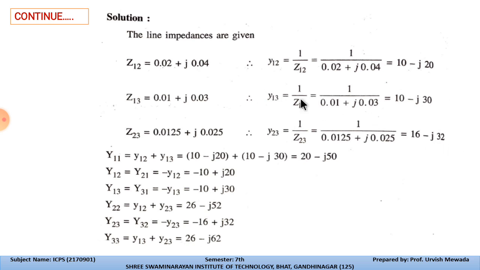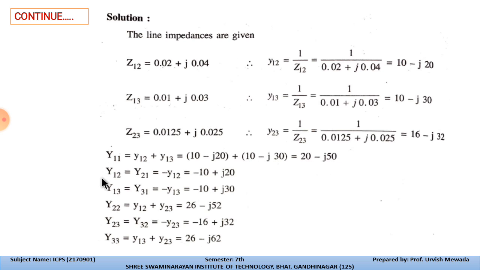Now the calculation of the admittances of all the buses. Y11 is the addition of the links, that is Y12 plus Y13. By putting these values we have Y11 equal to 20 minus J50.